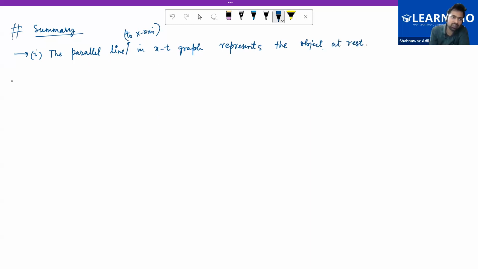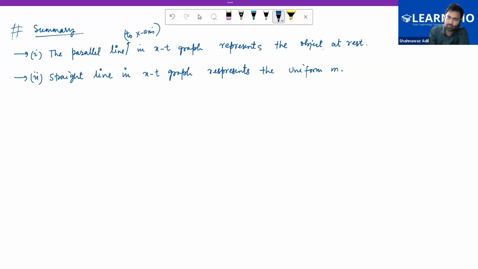So this is the first thing that we understood. The second point is that a straight line in an xt graph represents uniform motion.